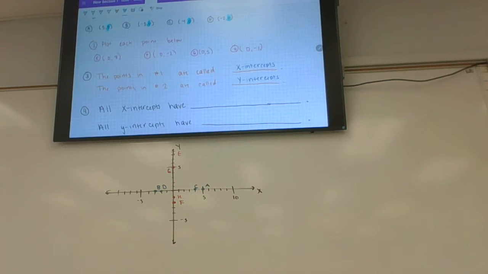All x-intercepts have what, specifically? Zero y value. All y-intercepts have zero x values.